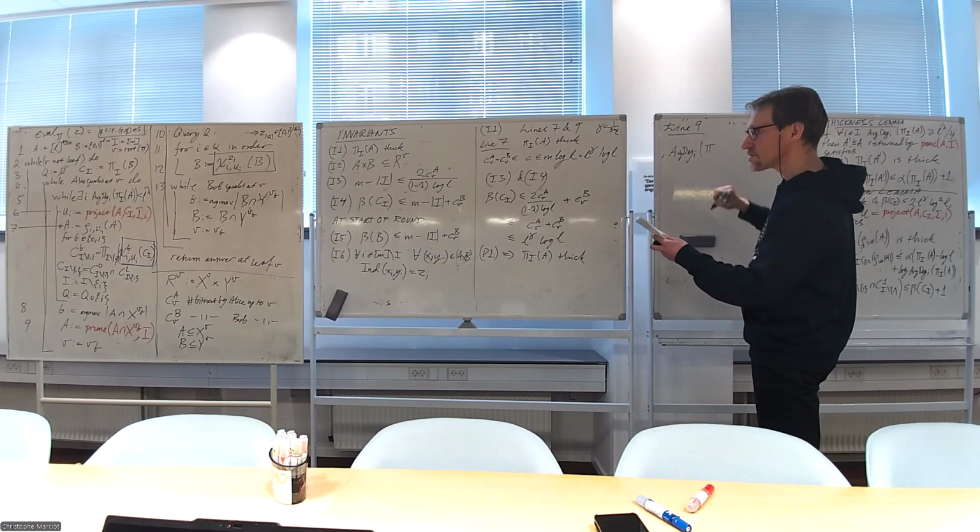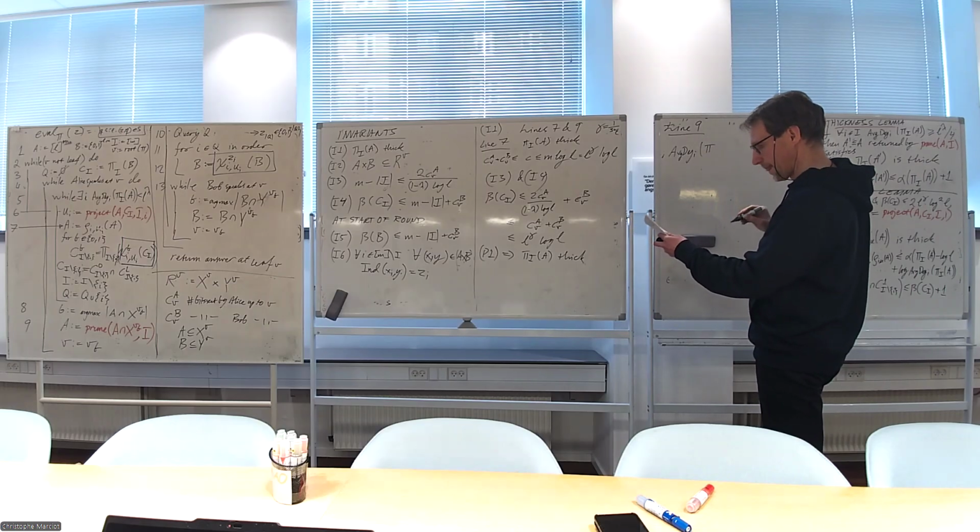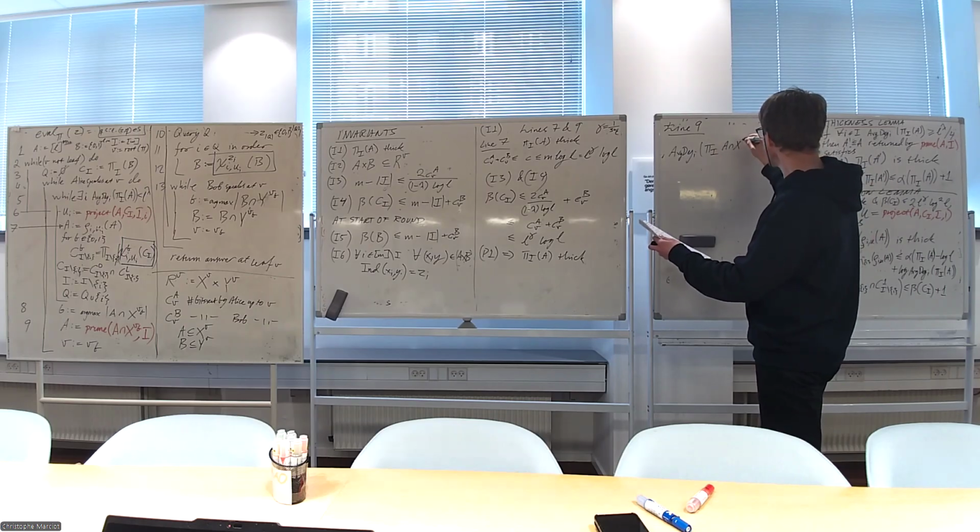So if we just plug in this new thingy, we're projecting to I A intersection XVB.